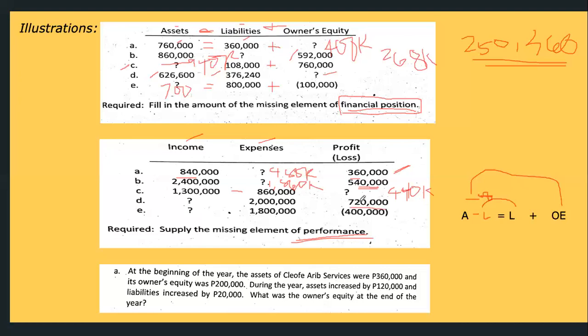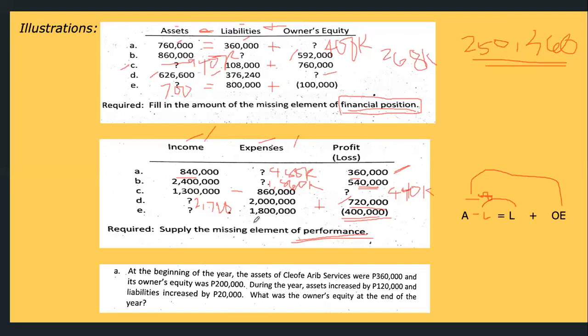So, since there's a profit, the income is greater than your expenses. So, what to do? We just add. That's 720 plus 2,200,000, that is 2,720,000 total income, minus the total expense of 2 million, then you still have a profit of 720,000. Letter E, the income is missing, you have expenses of 1,800,000, you have a loss because it's negative, in parentheses. So you have a loss of 400,000. Meaning, your expenses are greater than your income.